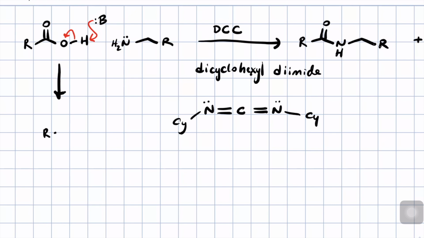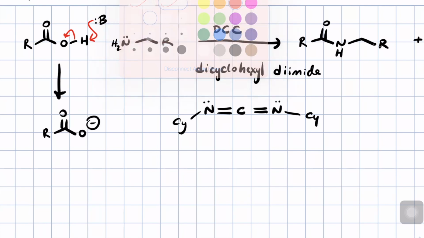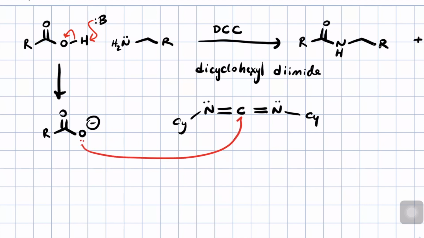Once you've removed the proton from the carboxylic acid, it becomes a decent enough nucleophile to attack the carbonyl carbon, the imide carbon rather, which is reactive very much like a carbonyl carbon. And at this stage, lone pair electrons would move onto the nitrogen, but a negatively charged nitrogen is really, really unstable.